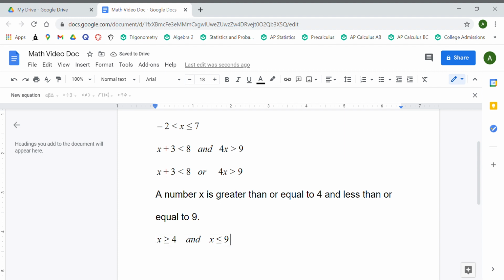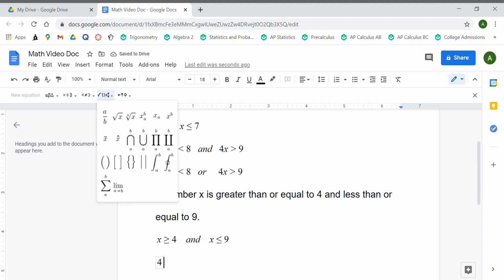Alright, now this is an informal compound inequality. Your teachers are probably going to ask that you combine the 2 inequalities together. So to do that, we need to make sure that the arrows are pointing to the left side. That's normally how inequalities are written. We need to flip this first one.